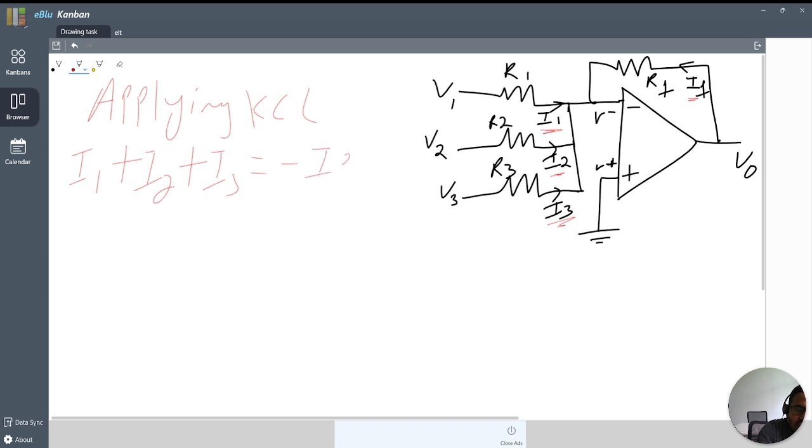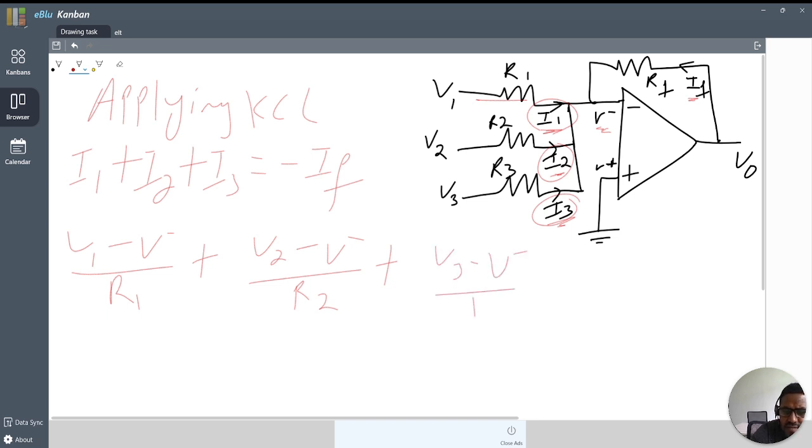When you simplify I1, it is V1 minus V inverting over R1, plus the same I2, V2 minus V inverting over R2, plus I3, V3 minus V inverting over R3, equal to IF, so minus of V out minus V inverting over RF.